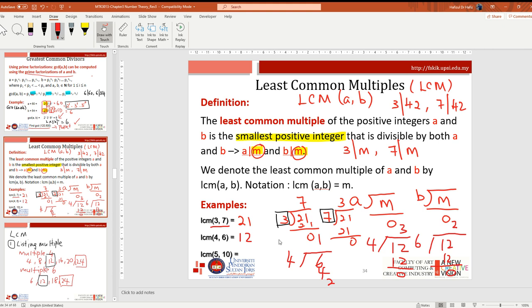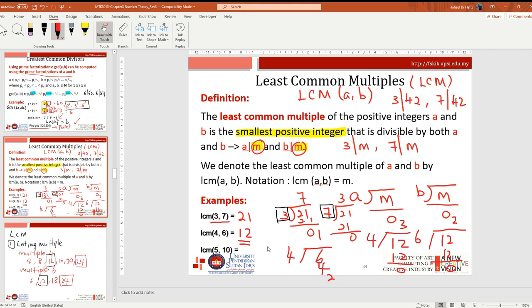It is the common multiple. Then for 4 and 6, we got 12.